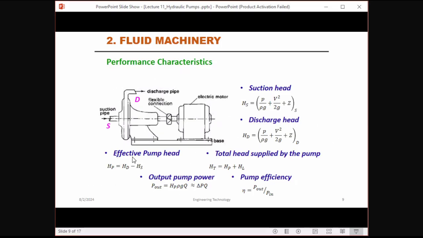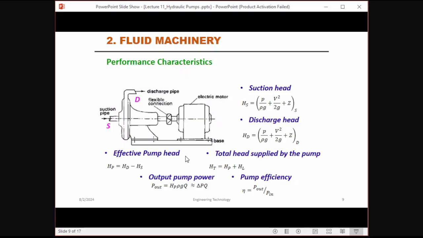Then the effective pump head you will receive using HP, which is HD minus HS. You subtract the suction head from the discharge head, and finally you get the effective pump head.